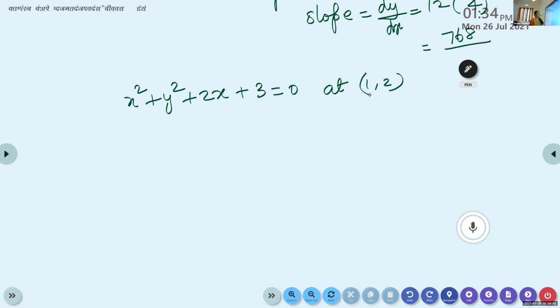Yes, Muhammad Adim, differentiate and give the answer. What do you have to find here? Slope of the tangent means what do you have to find?